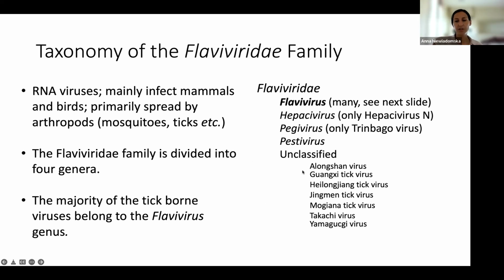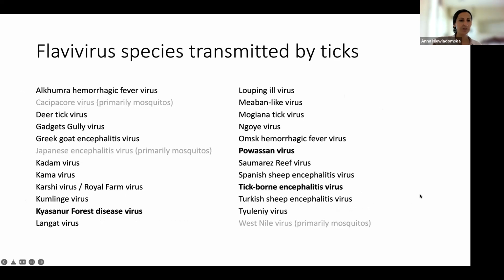There are a few unclassified tick-borne viruses that still haven't been assigned a genus, but most of these are related to the Flavivirus genus. So I thought I would give you just a quick list of what species in the Flavivirus genus are known to be transmitted by ticks.